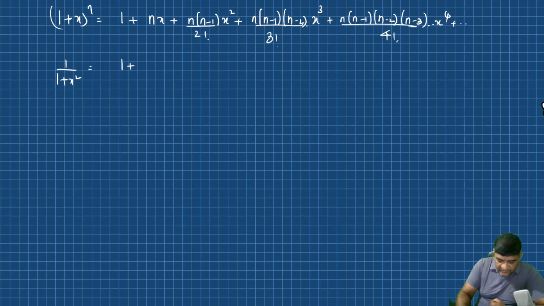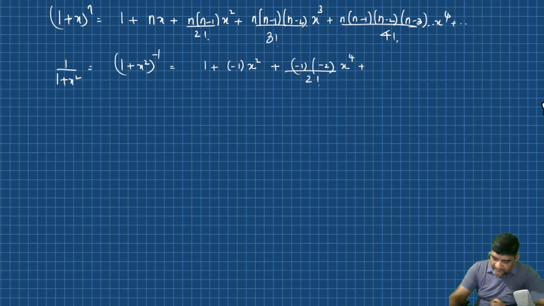I can write this as 1 plus x squared whole to the power of negative 1, and the expansion of this is going to be 1 plus minus 1 into x squared over here, plus negative 1 into negative 2 divided by 2 factorial into x squared, the whole square, which is x to the power of 4, and negative 1 into negative 2 into negative 3 divided by 3 factorial into x squared, the whole cube, which is x to the power of 6.